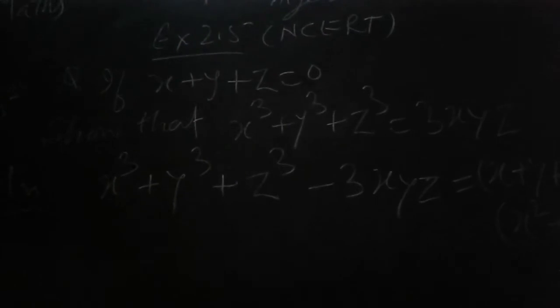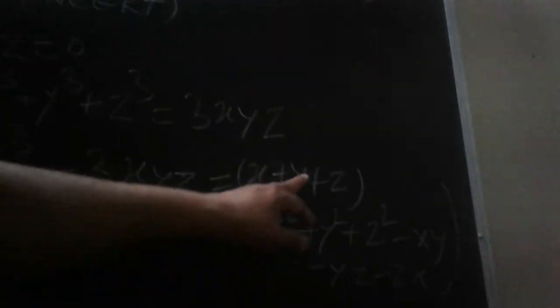This is an algebraic identity, and here we are given x plus y plus z is 0.